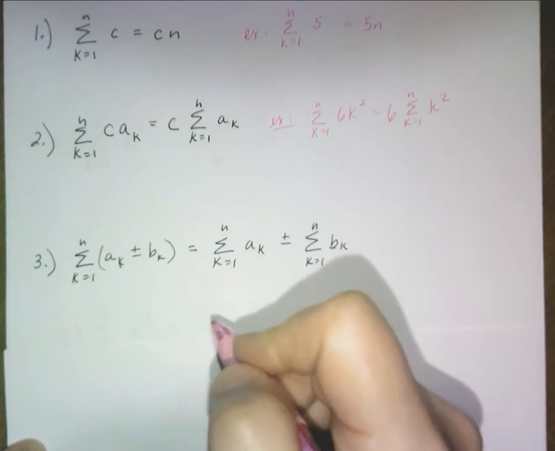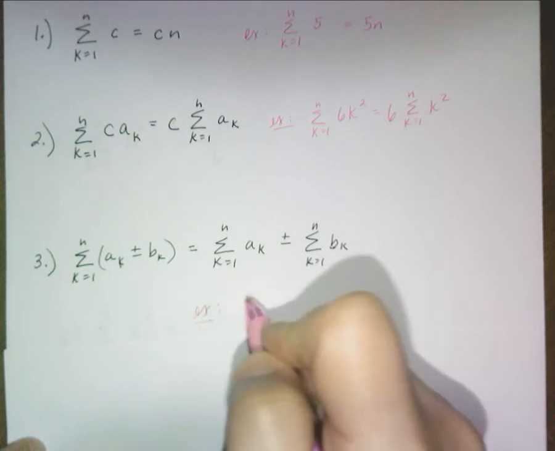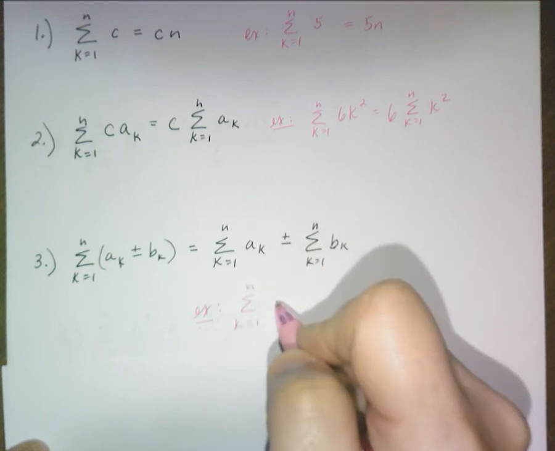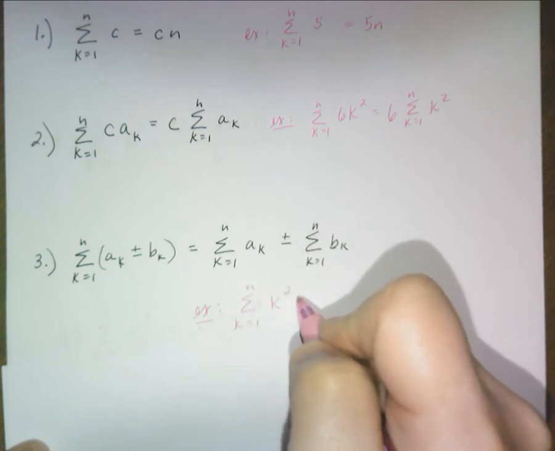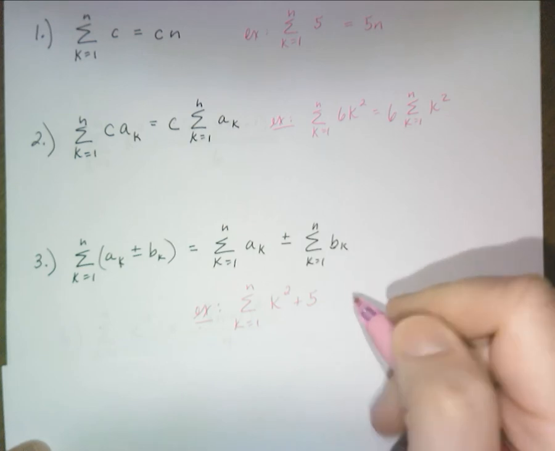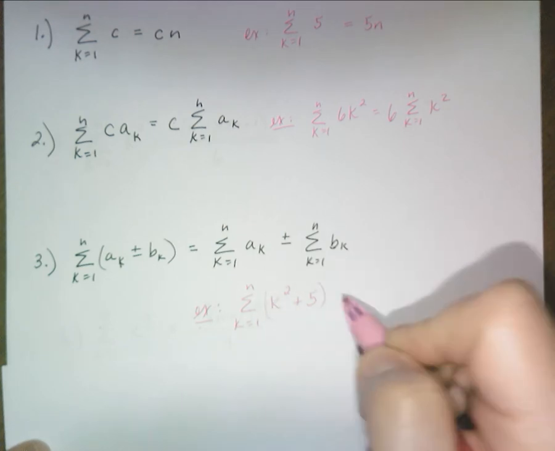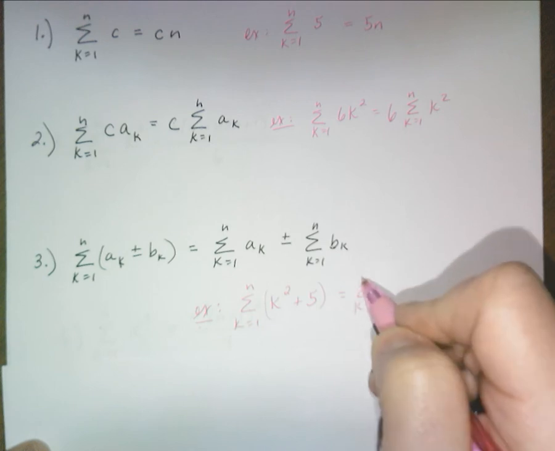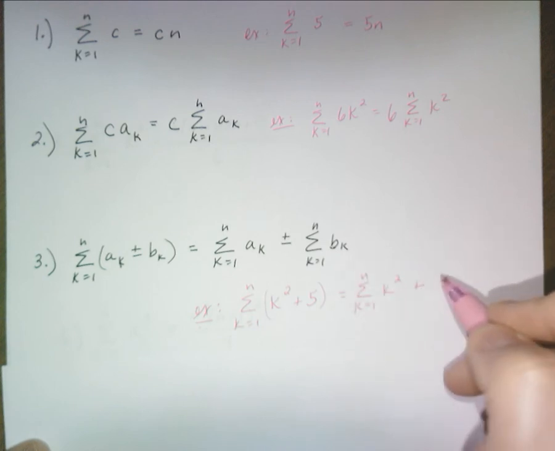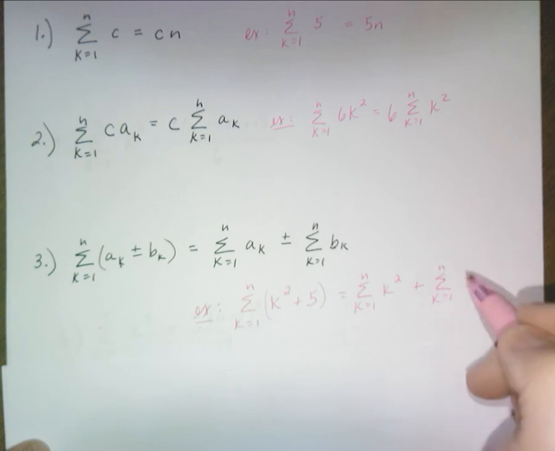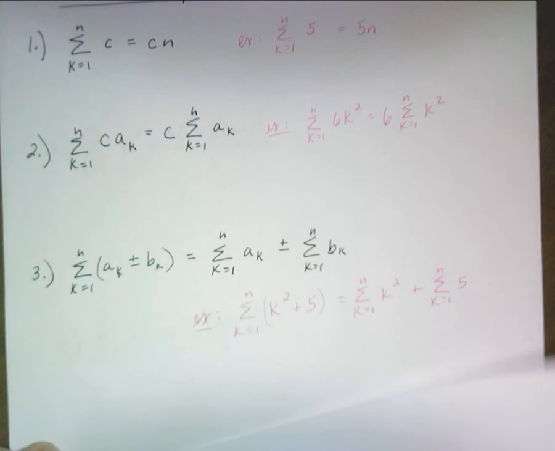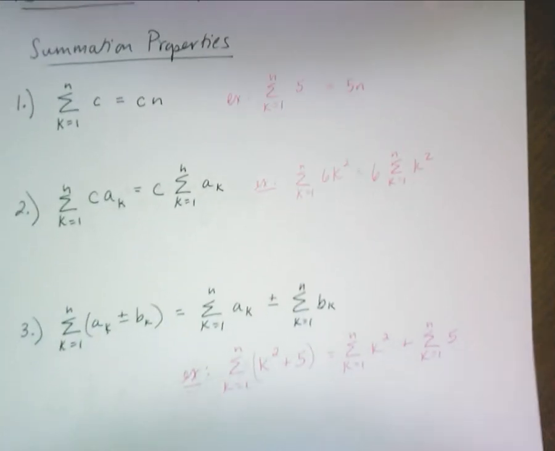So if I had the sum of k squared plus 5, then you could actually separate it into the sum of k squared plus the sum from 1 to n of 5. Easy breezy, okay? Now, the next 3 I'm going to show you are the important ones, all right?